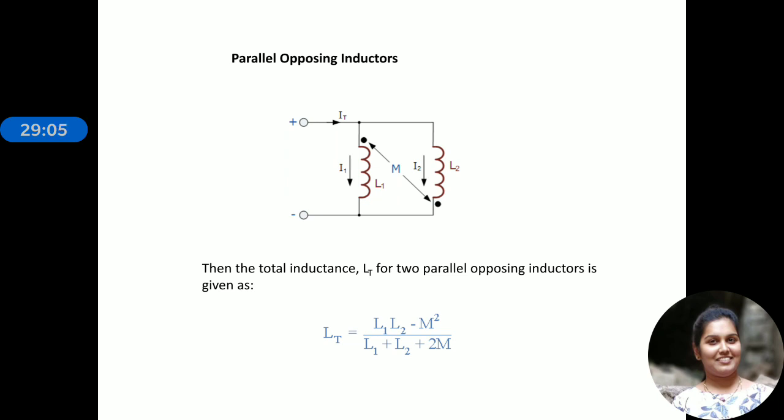Whereas if you want to consider mutual inductance terms also while calculating the inductances, then you have to check whether they are parallelly aiding each other or parallelly opposing. When parallelly aiding inductors are given, you can use the formula LT is equal to L1 L2 minus M square by L1 plus L2 minus 2M. Whereas when you are considering parallelly opposing inductors, you can use the expression LT is equal to L1 L2 minus M square by L1 plus L2 plus 2M.